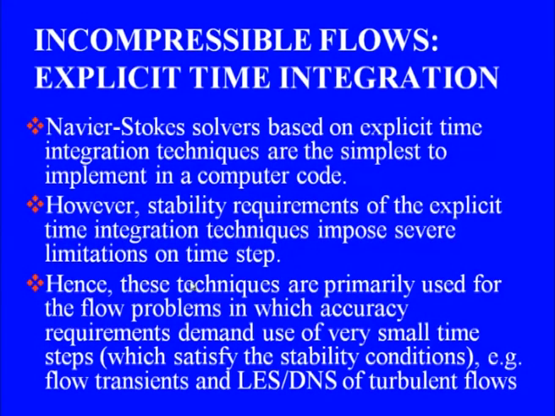In each of these cases, we require a very accurate time history, and for this we should choose very small time steps, and this time step may be small enough to satisfy the stability conditions. So, these are three prime candidates in which we should prefer explicit time integration schemes: problems involving flow transients, and large eddy simulation and direct numerical simulation of turbulent flows.